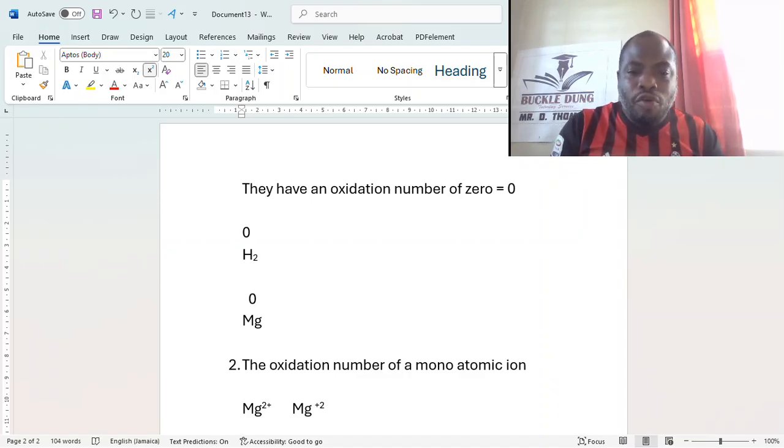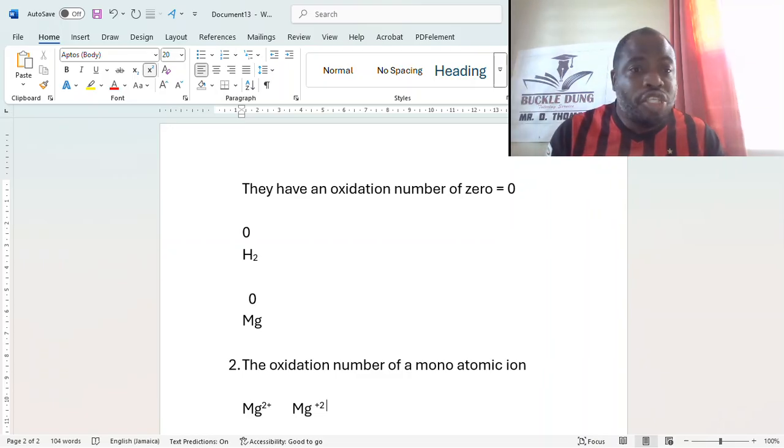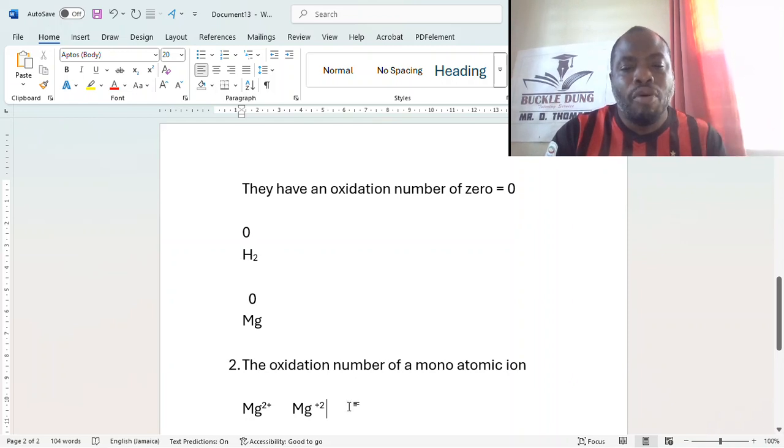So if you know the ion, basically you should know the oxidation number. You can't go wrong. Once you know the ion, you must know the oxidation number. And that again brings us to the link between the two.